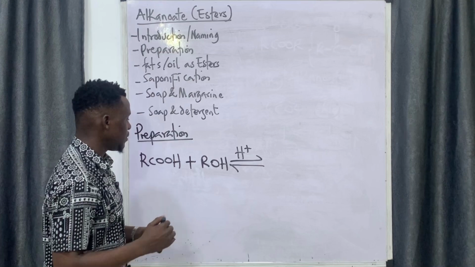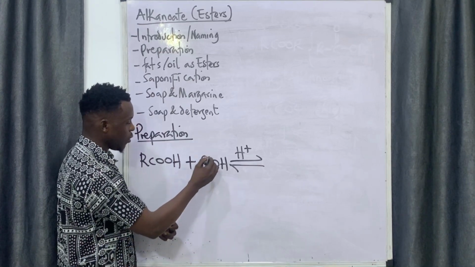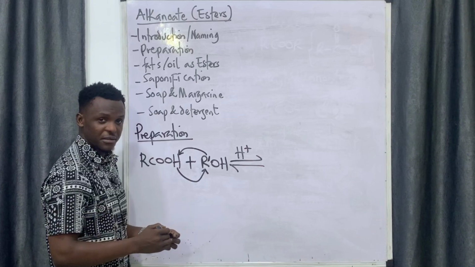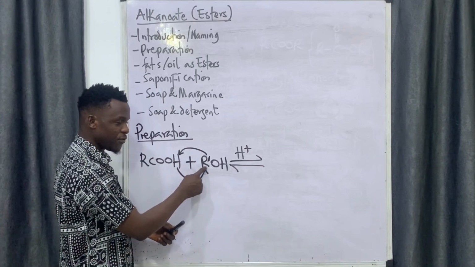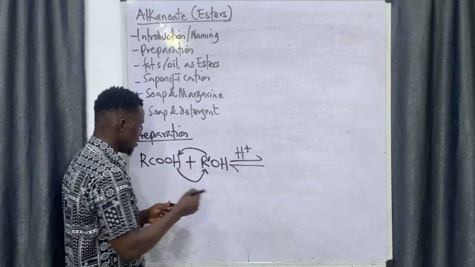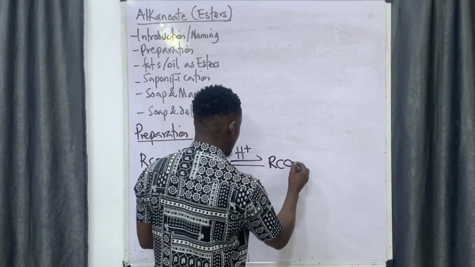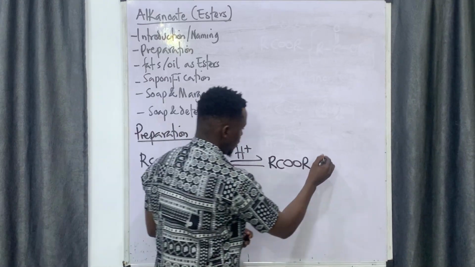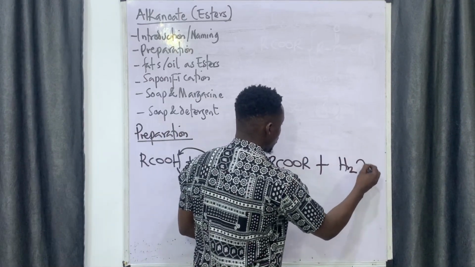So what actually took place here is that the R of this alcohol replaces this H, and this H goes in here. Alright, so basically the R from the alcohol, the alkyl group from the alcohol, replaces the H from this acid. So this becomes RCOOR. We now have plus water.